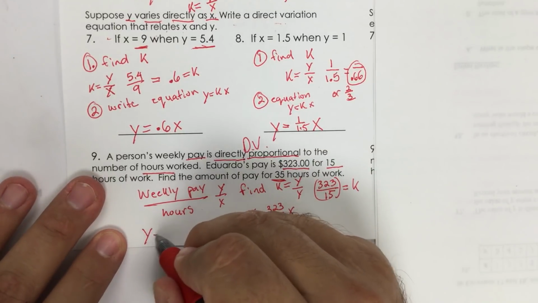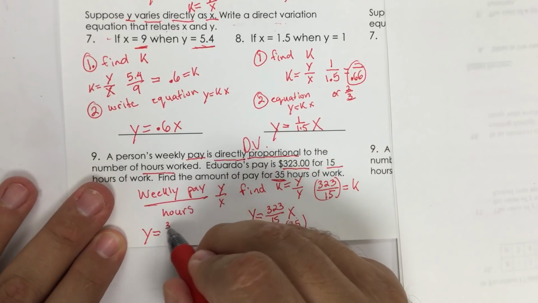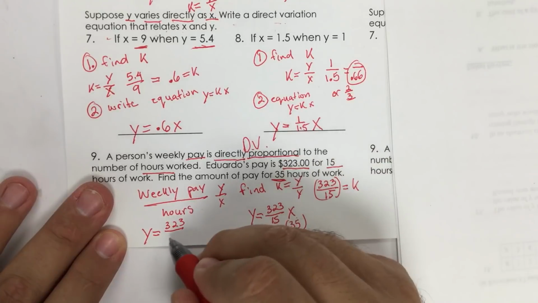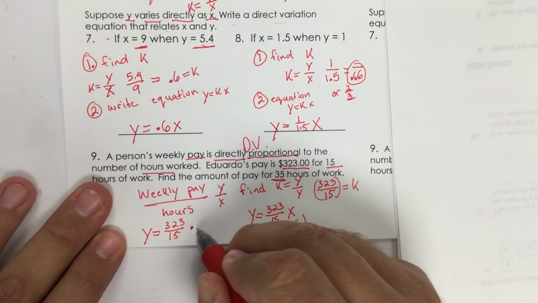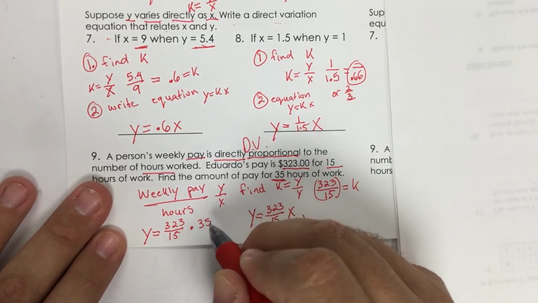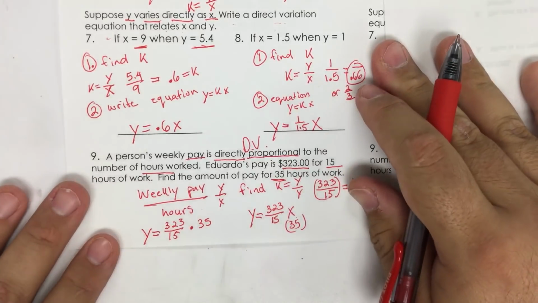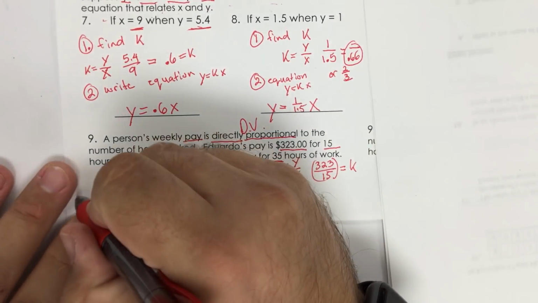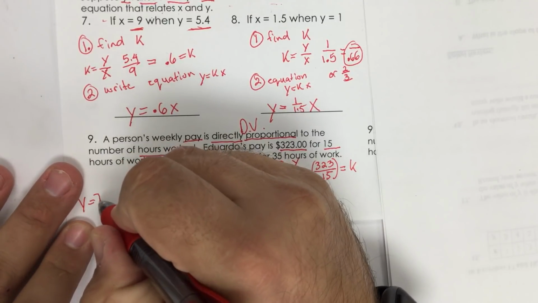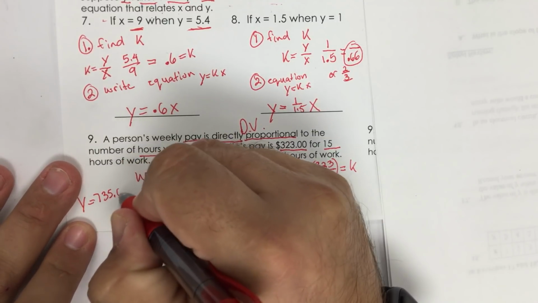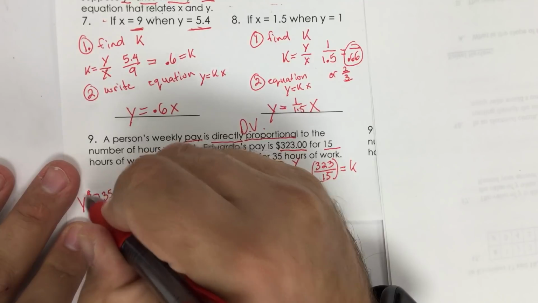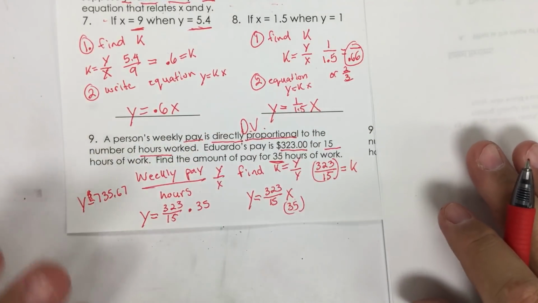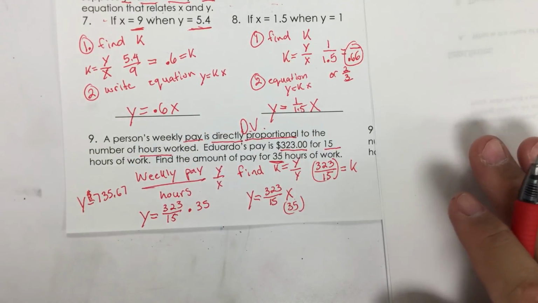So we say y is equal to $323 over 15 times 35. And so if he worked at the same rate, this constant rate, if it never changed, he would make $735.67. And that's how you use direct variation in real-world situations.